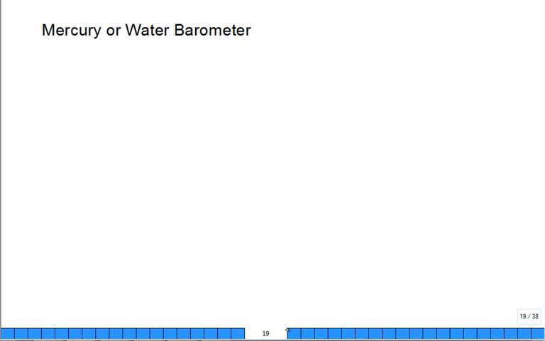Mercury versus water-filled barometer. What's the density of mercury? What's the density of water at 4 degrees C, which is our standard density? We like to measure it. We say, hey, 4 degrees C, it's its densest. It's 1,000 kilograms per cubic meter. What's the density of mercury at room temperature?